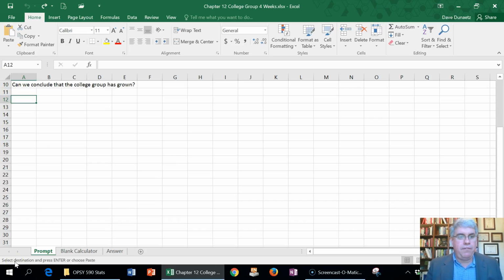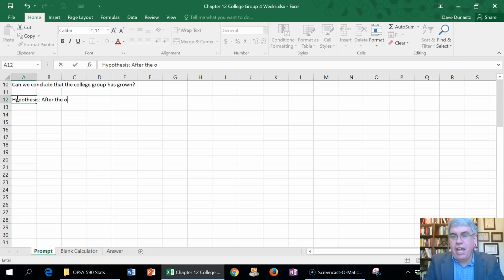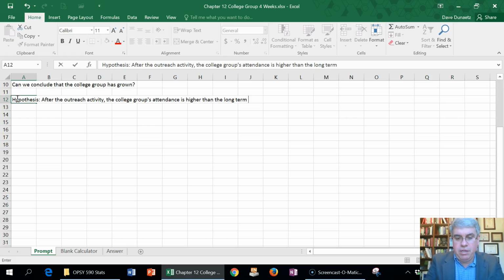Let's start off by clarifying what our hypothesis is going to be. We're basically hypothesizing that the group has grown, and we want to test to see if that is true. So our hypothesis is that after the outreach activity, the college group's attendance is higher than the long-term population average of 100.